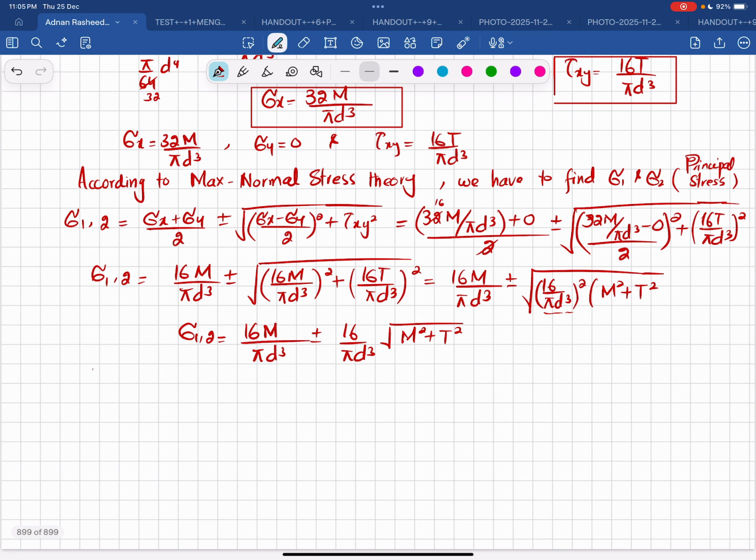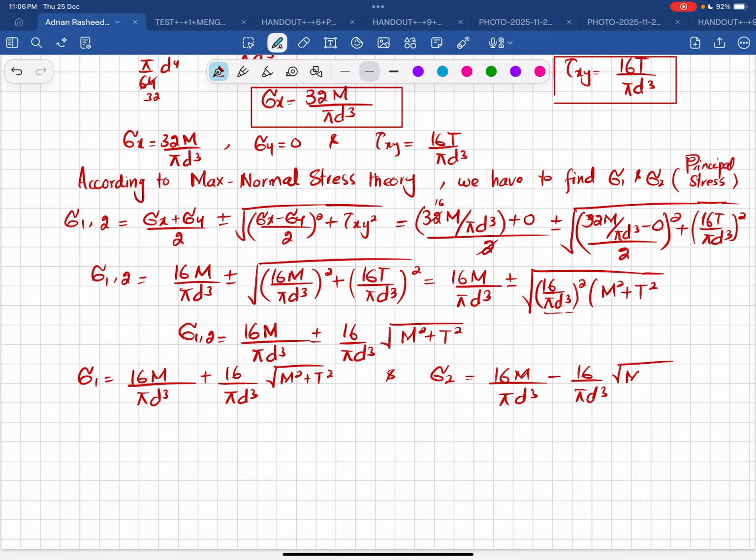Now you have two principal stresses. One is sigma 1, which is 16M over pi d cubed plus 16 over pi d cubed times the square root of M squared plus T squared, and the other is sigma 2, which is 16M over pi d cubed minus 16 over pi d cubed times the square root of M squared plus T squared.